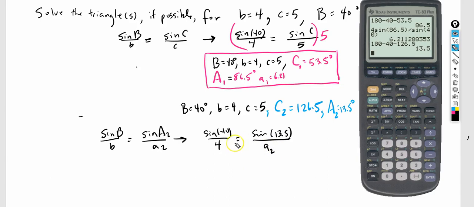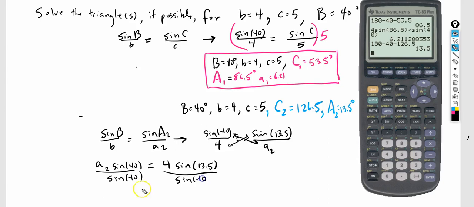And again, if I cross multiply, I get a sub 2 times sine of 40 is equal to 4 times sine of 13.5. And I just need to divide both sides by sine of 40. Those cancel, and so I've got a2 left.